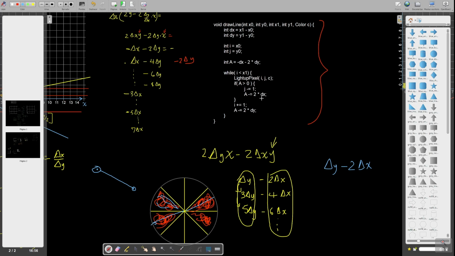Now I will have to add, instead of dx, I'm going to have dy, and in this case, instead of dy, I'm going to increase dx, and instead of increasing x every time, I'm going to be increasing y, which in this case will be j.